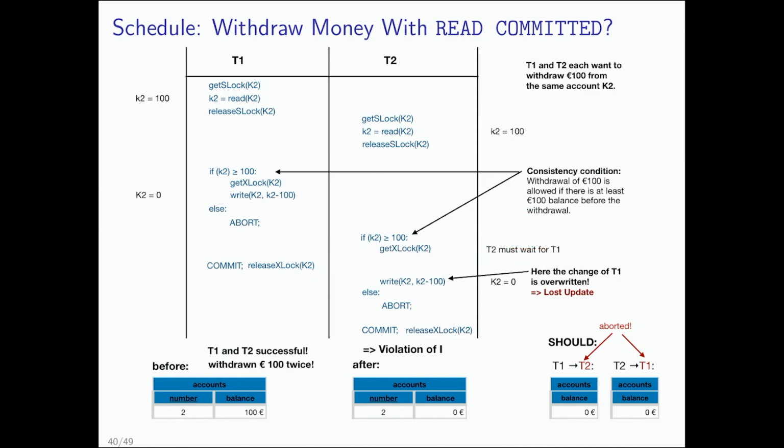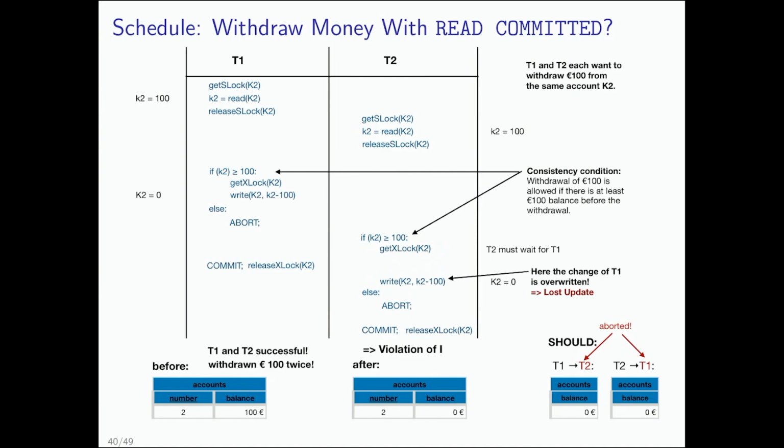Actually, it is this point in time. You already did the check. So you read the stuff, the condition is fulfilled, you are allowed to remove $100. That is what happens here. You wait for this X lock on K2, you get it, and then you continue. Then T2 gets the X lock and writes the new balance to the account, depending on what you read before.